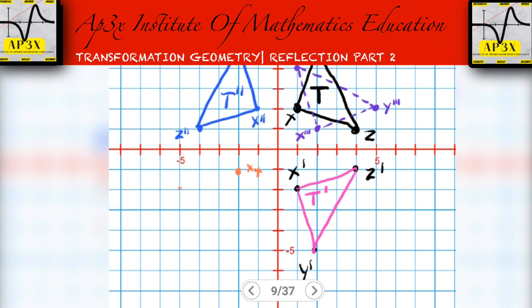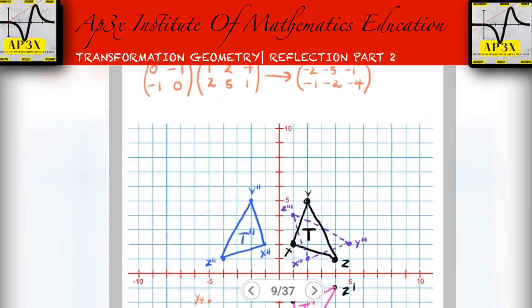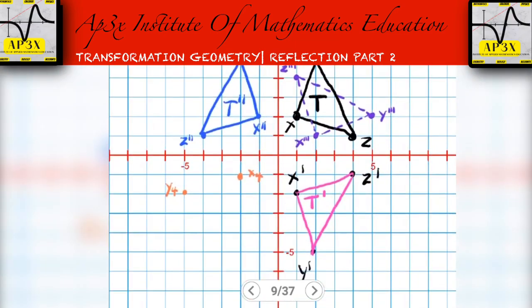That's going to be my y subscript 4, and then of course z, which is (-1, -4). I'm going to have -1, down 4, 1, 2, 3, 4, right down here. And that's going to be my z subscript 4.